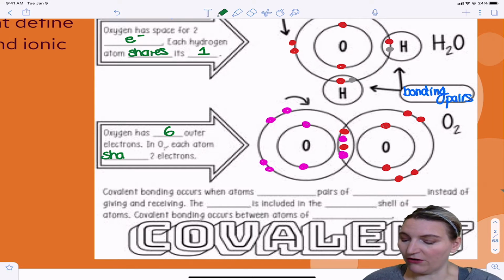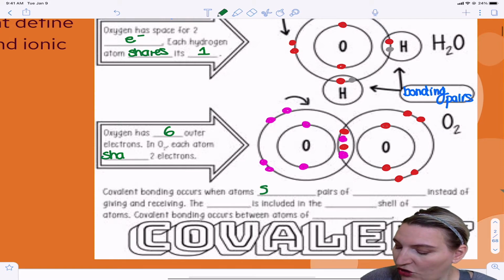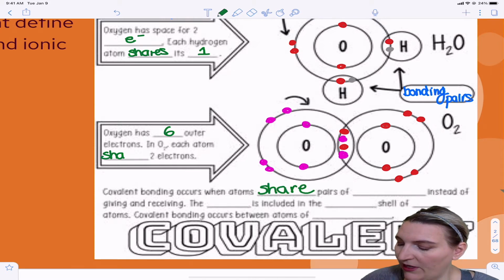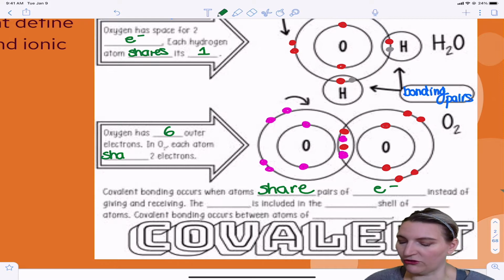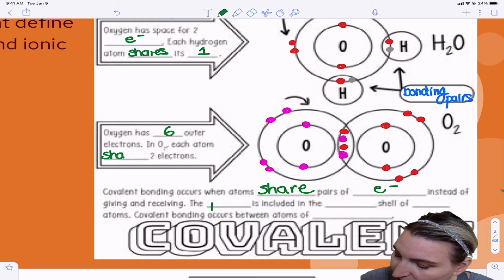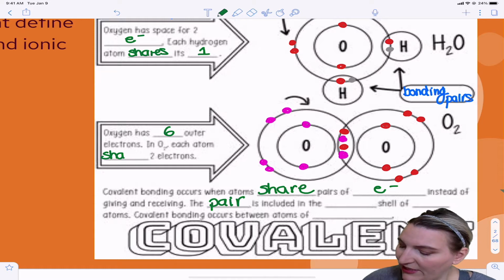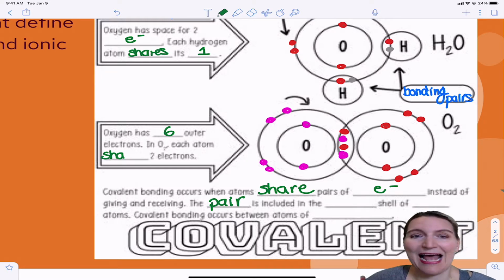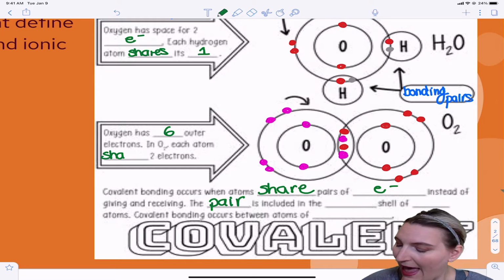So looking down here, covalent bonding occurs when atoms, and this is the big thing, share pairs of electrons instead of giving and receiving, because giving and receiving, that's what ionic bonding is, right? The pair of electrons that's shared is included in the outer shell of both atoms.